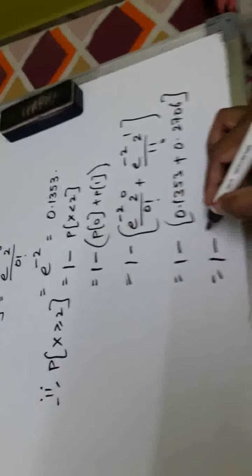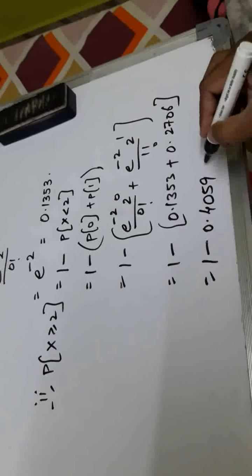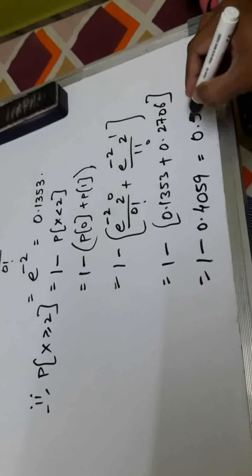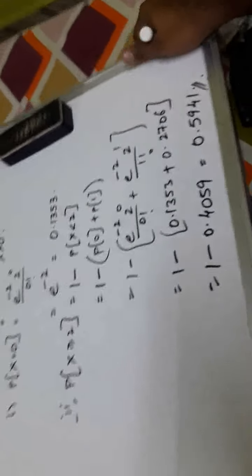Together 1 minus 0.4059, that equals the final answer 0.5941. Look at this problem once again.